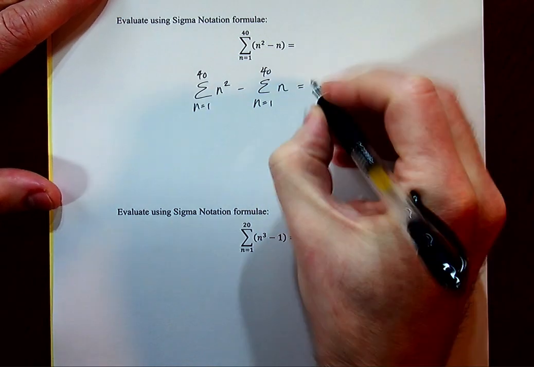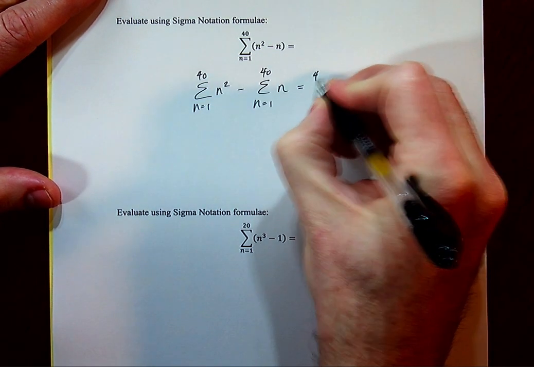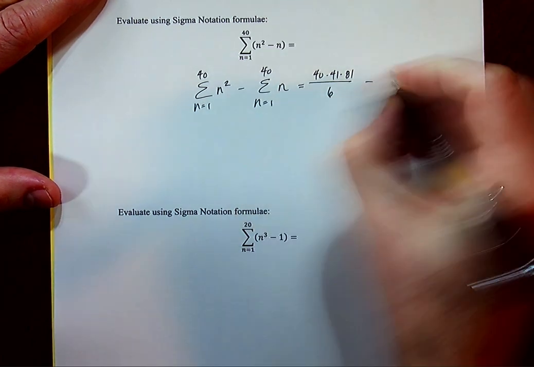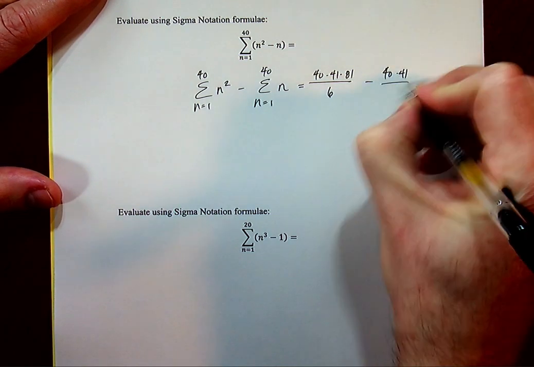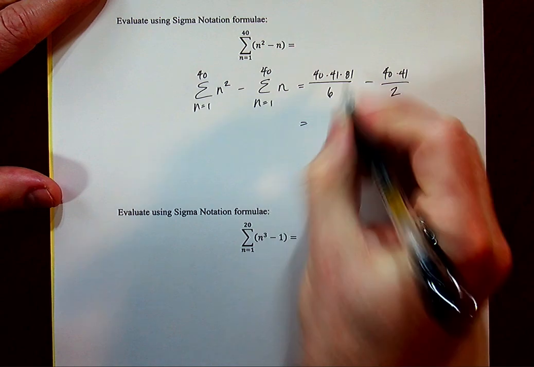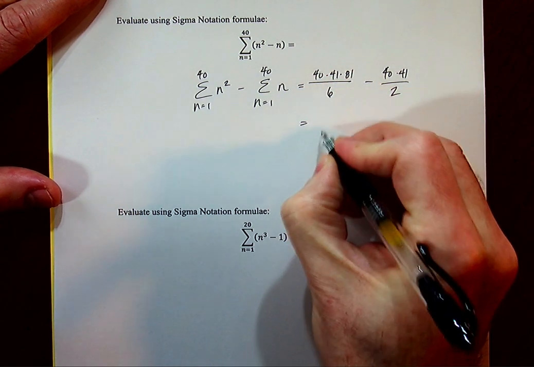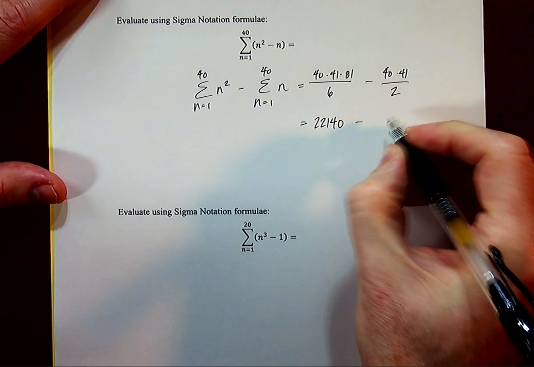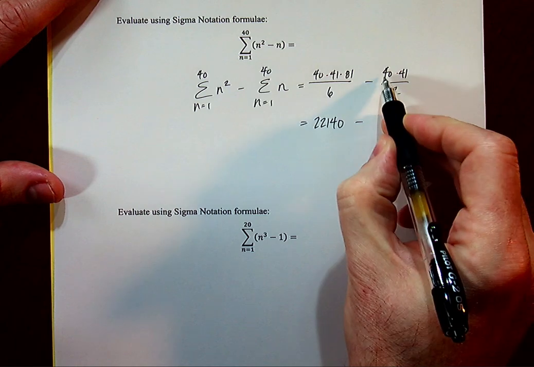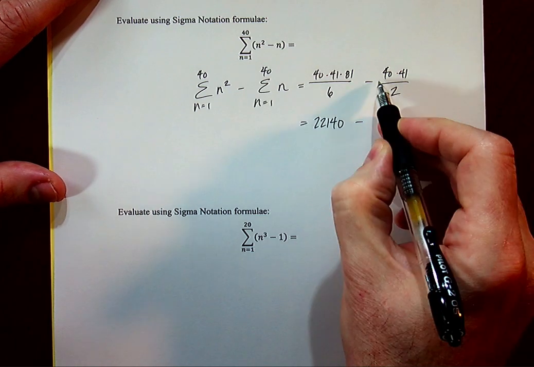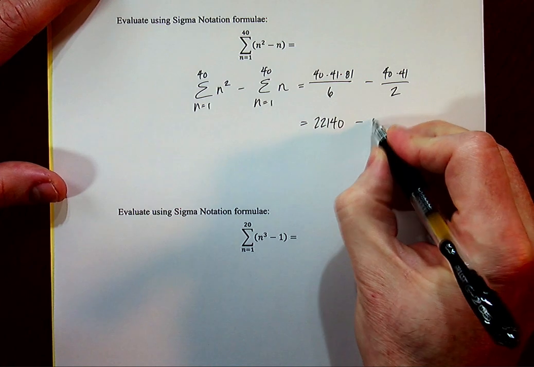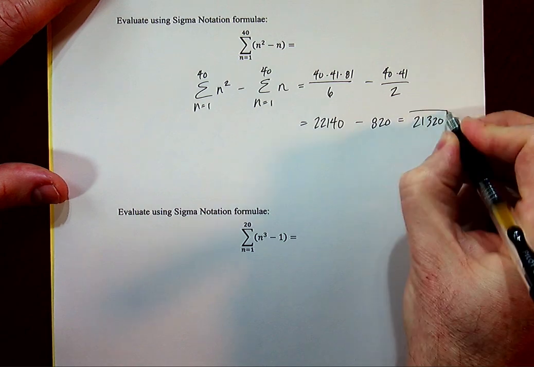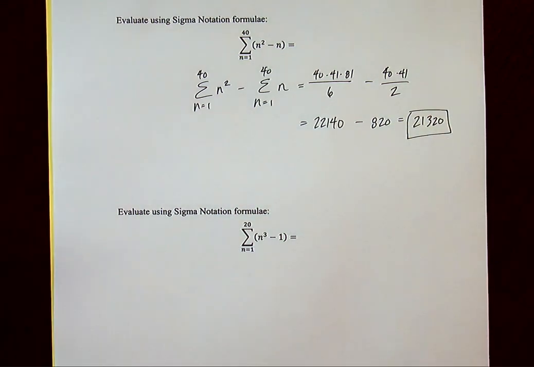The n squared is going to be 40 times 41 times 81 all over 6, and this is going to be 40 times 41, all of that over 2. Now this is going to be a rather large number. It winds up being 22,140 because the squares do get up there pretty quickly. This one, however, the 2 cancels with the 2 inside of the 40. That winds up being 20 times 41, which is 820, and you wind up getting 21,320.